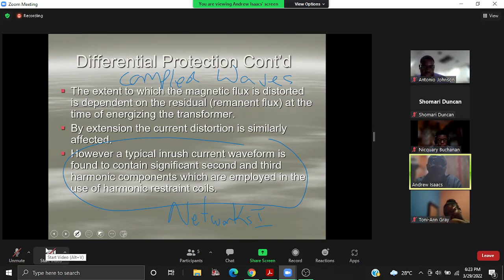And what you would have done is to do the harmonic analysis on the complex wave. And you would find that the second harmonic and the third harmonic in a magnetic inrush wave is much higher than a normal primary current.